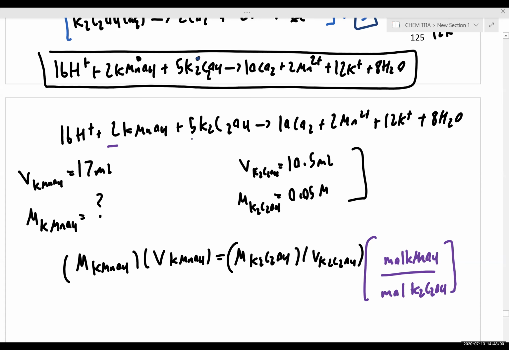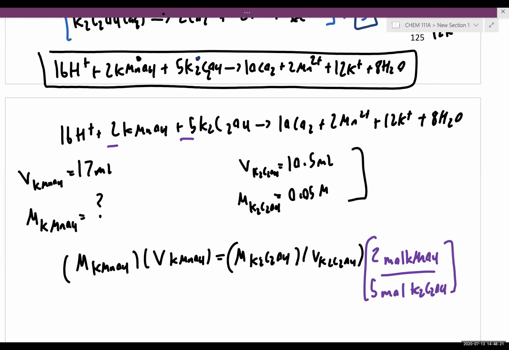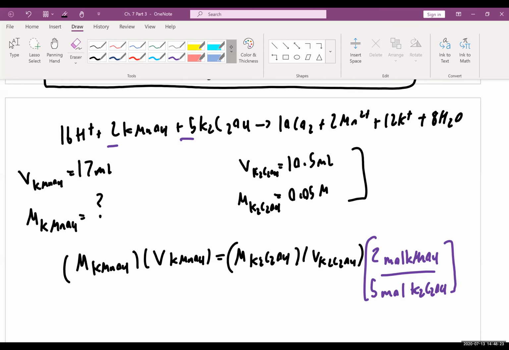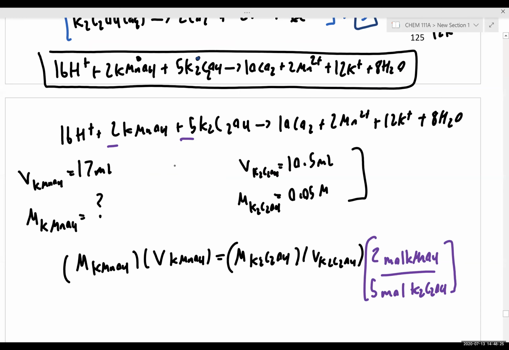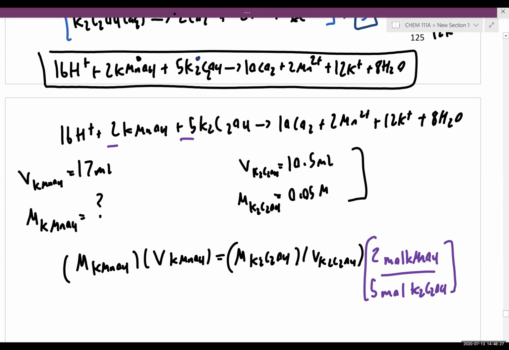Just reading off from our chemical equation, just like always, just like if we did an acid-base titration, what is our mole to mole ratio of potassium permanganate to potassium oxalate? 2 to 5. So really, once you have a balanced equation, you could do titrations using any reaction you potentially want, as long as you can detect the endpoint. This reaction is quite fun, as the solution changes color as you titrate it.